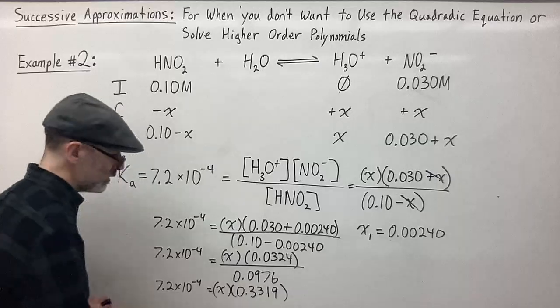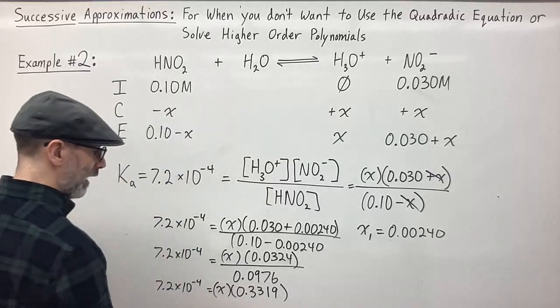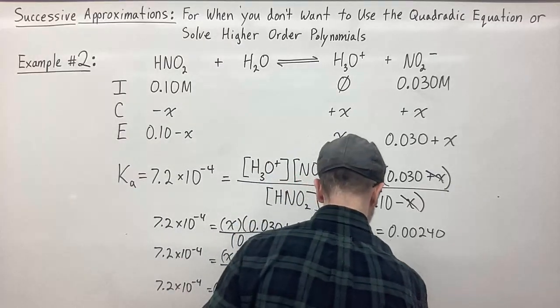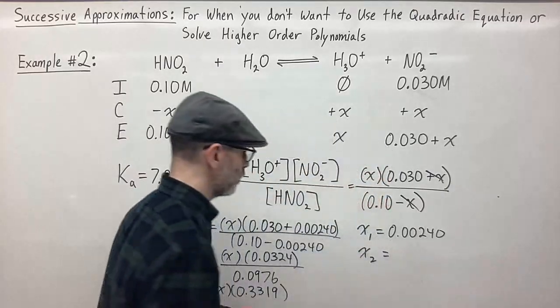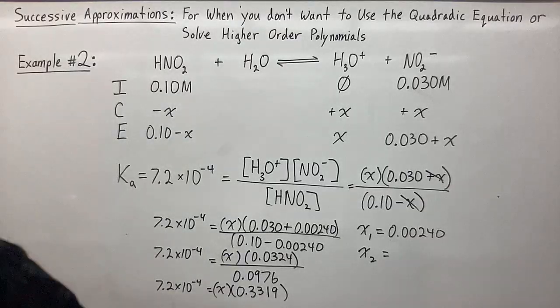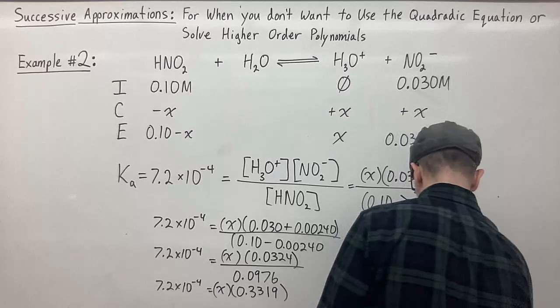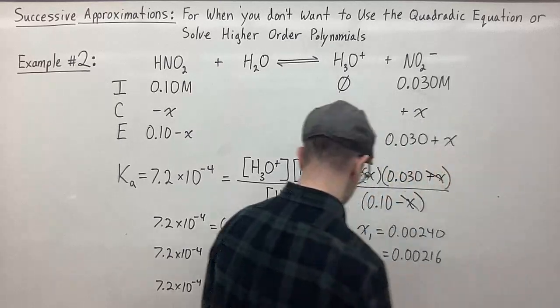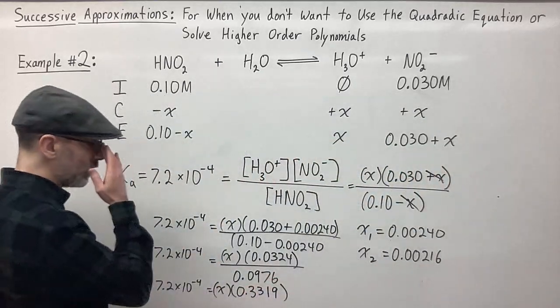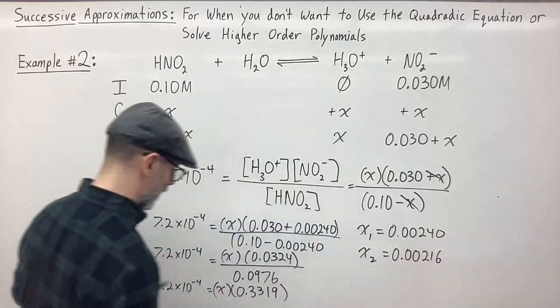And so now this time I just divide both sides by this, and then when I do that I get x2 equals 0.00216. Yeah, so I get 0.00216. So now, that was the second time. So the first, I made a mistake there, so this should be the correct answer.